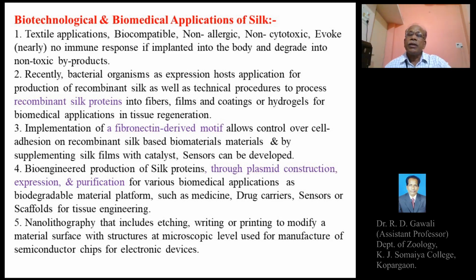So this is also the biotechnological importance of the silk, that is use of silk in nanolithography for the production of semiconductor chips for the electronic devices. So this is about composition, uses of the silk and biotechnological and biomedical applications of the silk.